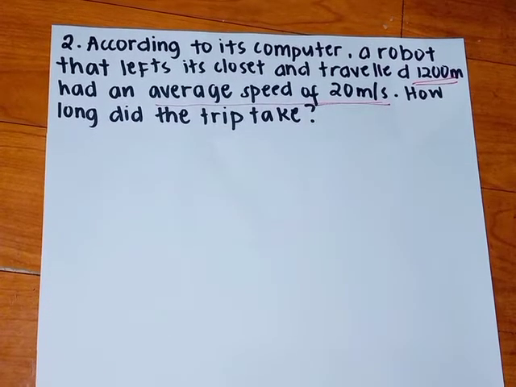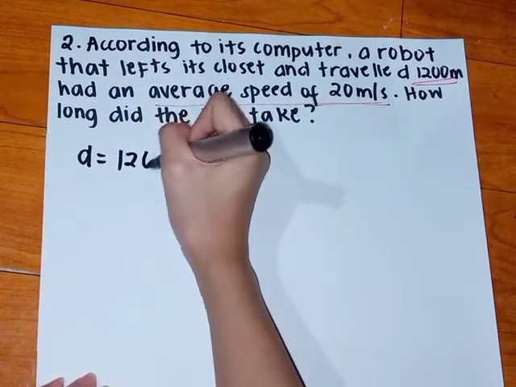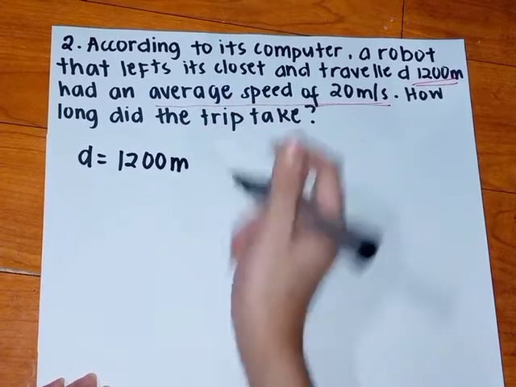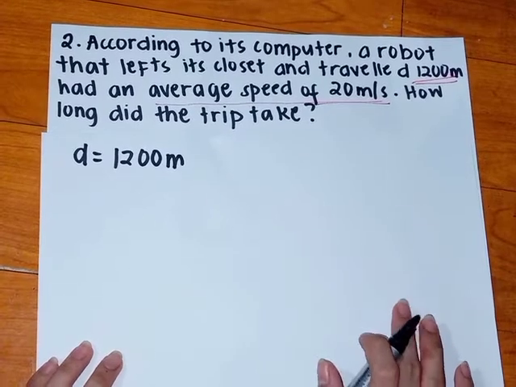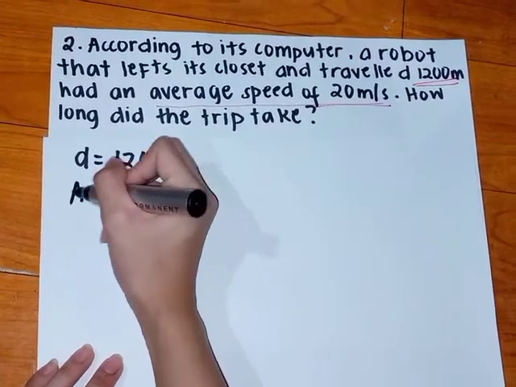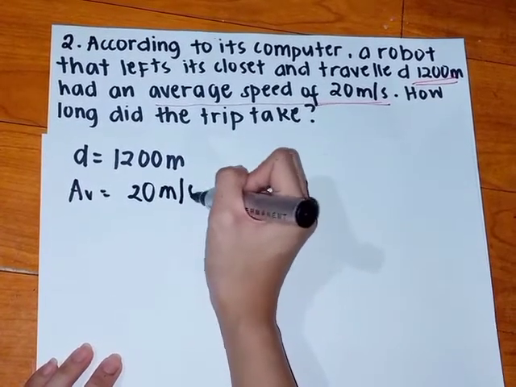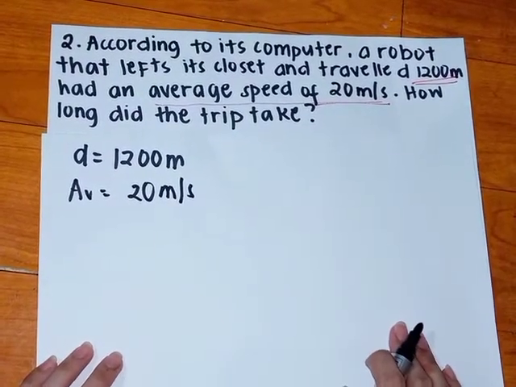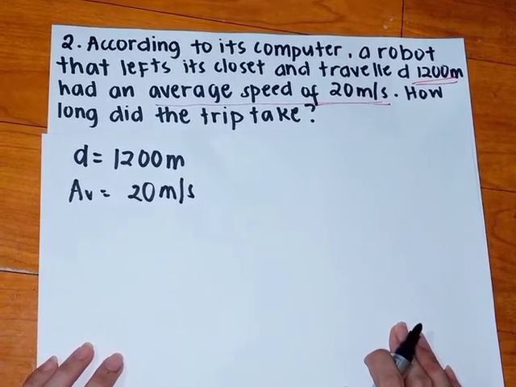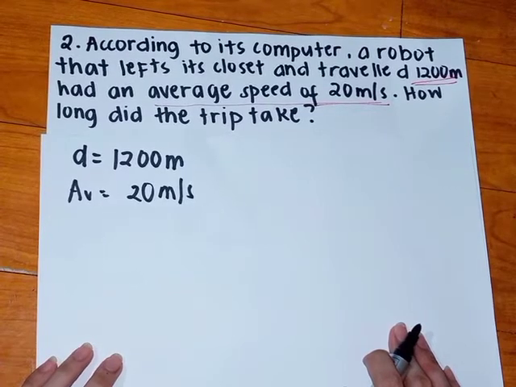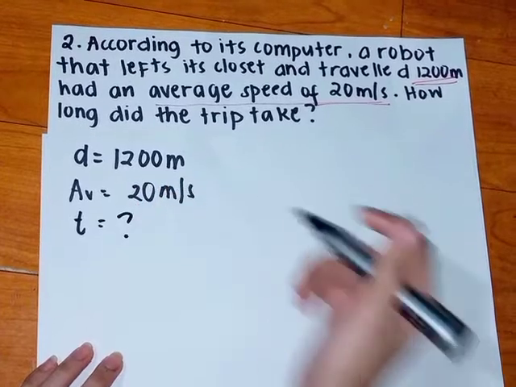So, the distance is 1,200 meters. Had an average speed of 20 meters per second. So, we have also an average speed of 20 meters per second. How long did the trip take? How long is pertaining to time. So, time here is what we have to find.